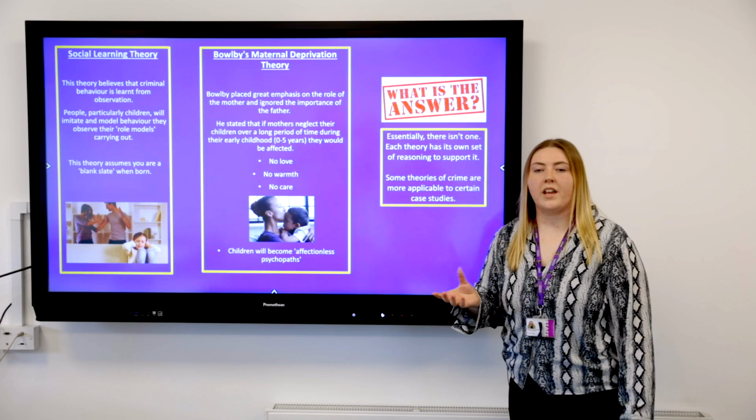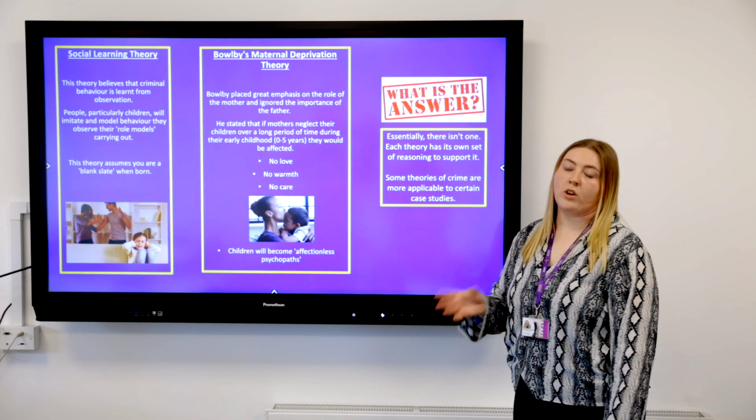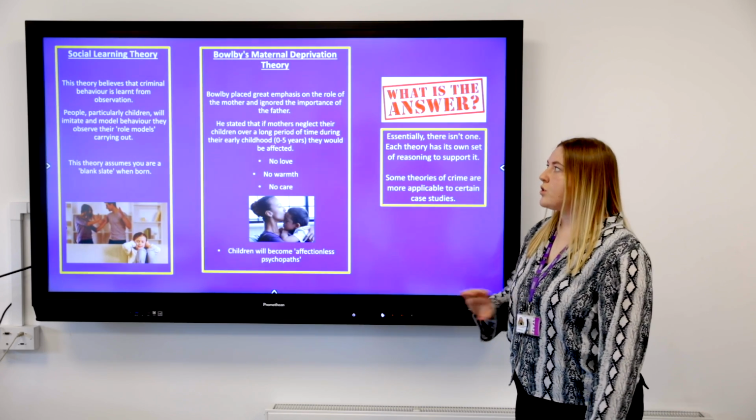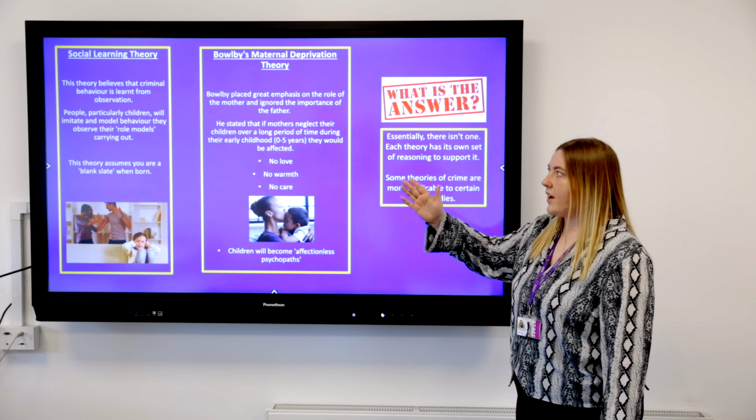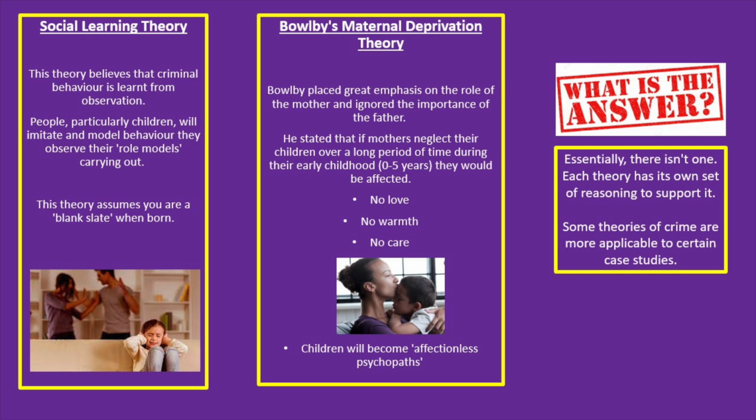These 2 theories that we're going to look at now fall among the nurture side of the debate. The first theory is social learning theory, and this theory believes that criminal behaviour is learned, and that would be through modelling, imitation and observation. So it's the idea that a child observes a role model, which could be a parent or someone that they look up to, and they then imitate and copy their behaviour.